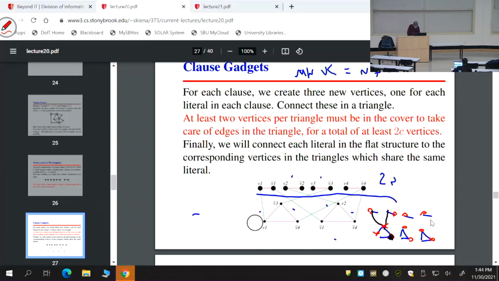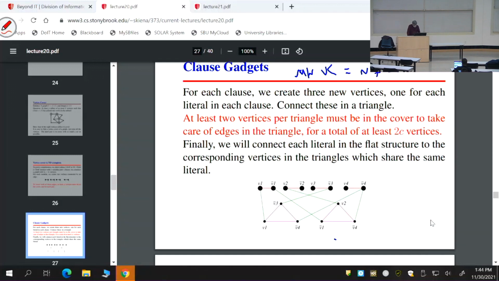I am going to add an edge between every one of my clause gadgets. I had 3 vertices in it. Each vertex represented a literal in a clause. I'm going to connect each corner of my triangle to the variable gadget with the same name.